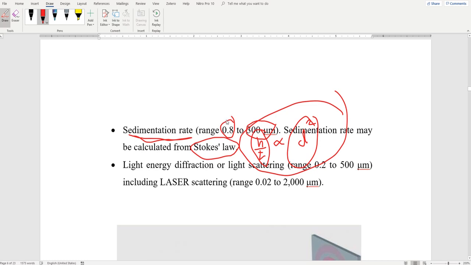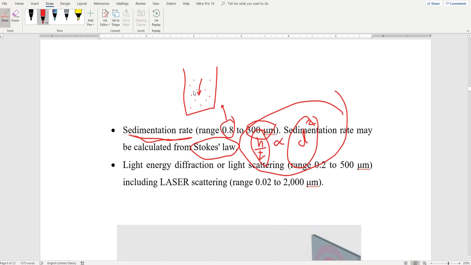Now, if it is less than 0.8 micrometers, it means the particles are very small. So when they are suspended in a liquid, the Stokes equation, this Stokes law or Stokes equation, assumes that the sedimentation is free. This means the particles will go down freely.